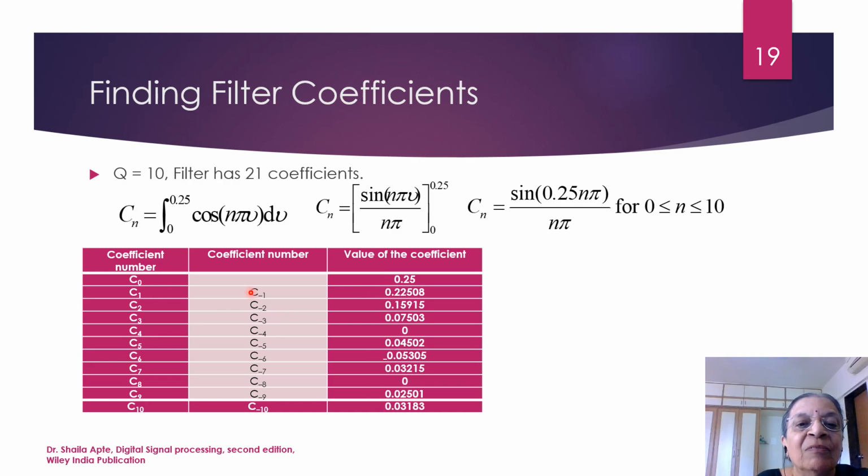But C1 will be same as C minus 1, C2 will be same as C minus 2, because the coefficients are symmetric with respect to 0, and obviously we'll be shifting it by q samples, and we'll be making C minus q equal to a0. We'll call this aq, and we'll call this cq equal to a of 2q.